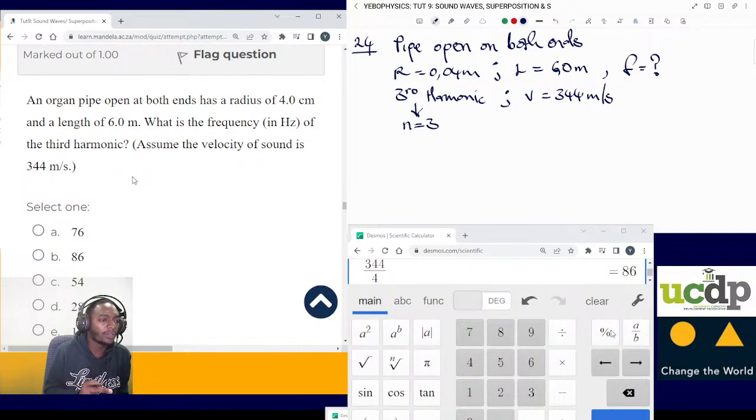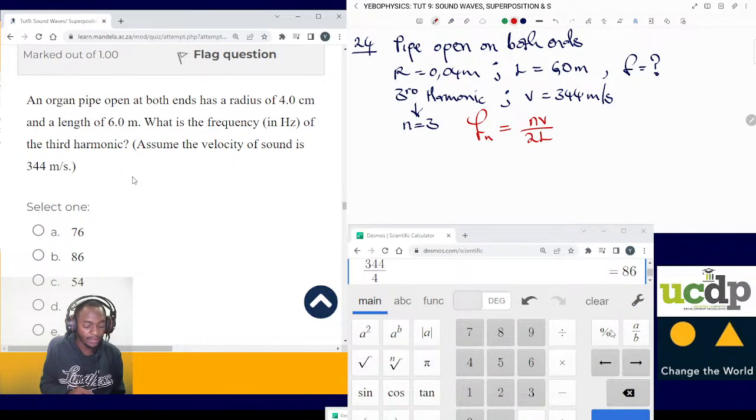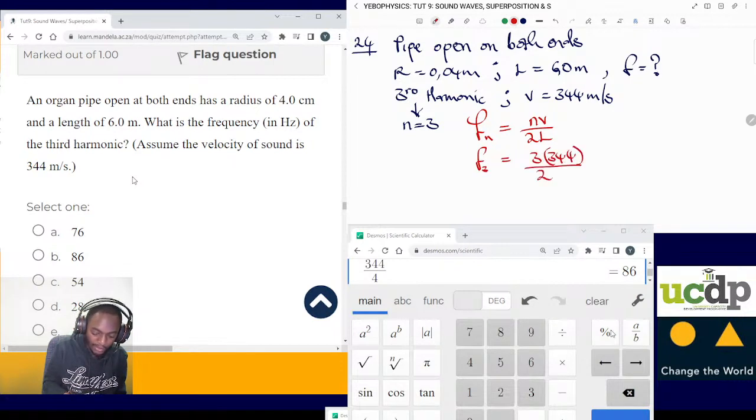What is the frequency? So what we need is the equation for an open tube on both ends. F n is equal to nv over 2L. And n is 3, so it becomes 3 times 344 over 2 times our length, which is 6 meters. So we need our calculator.